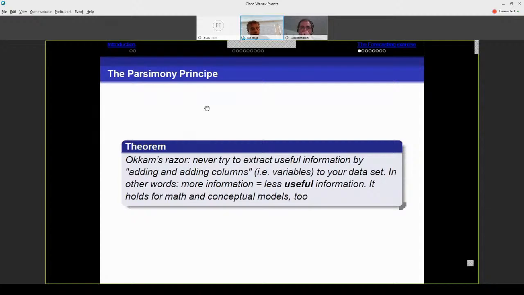Now we have some minutes left. We need to introduce a parsimony principle. In statistics, there is a counterintuitive concept which says more information equals less useful information.